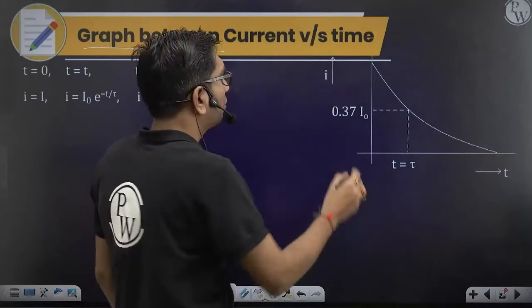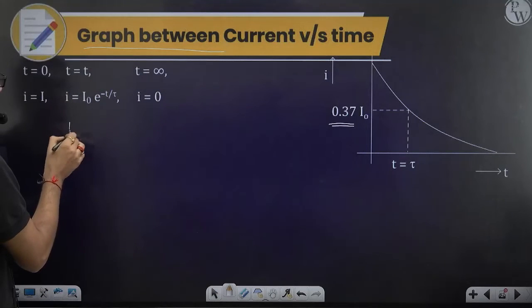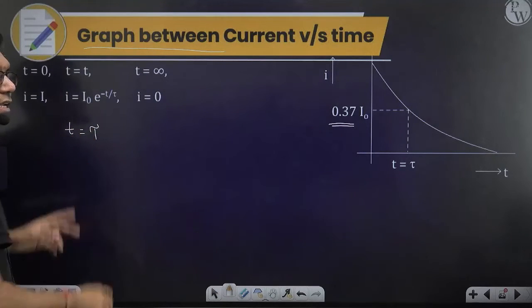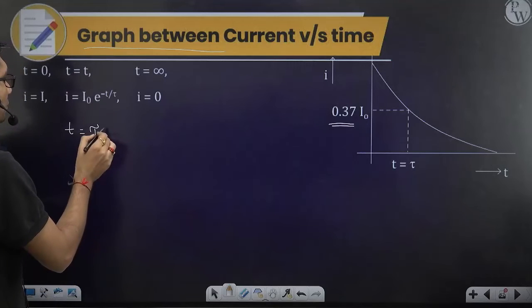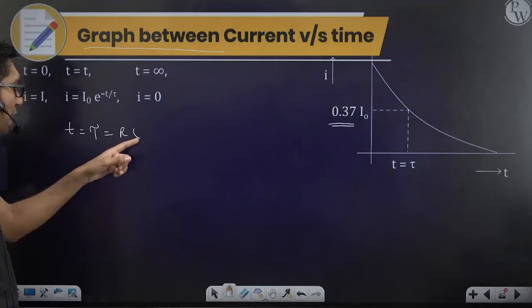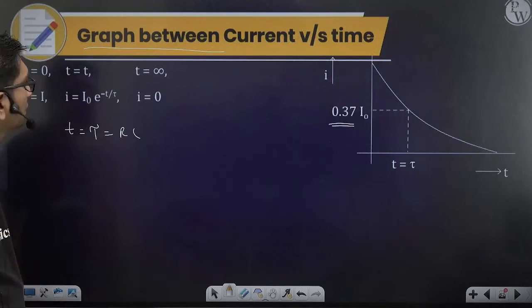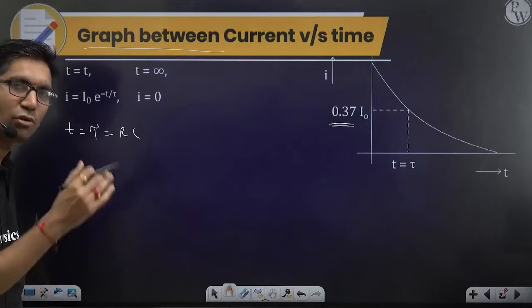See here, at time t equal to tau. Tau is nothing but RC; in place of RC I am writing tau. Is it clear? Slowly it decreases now.